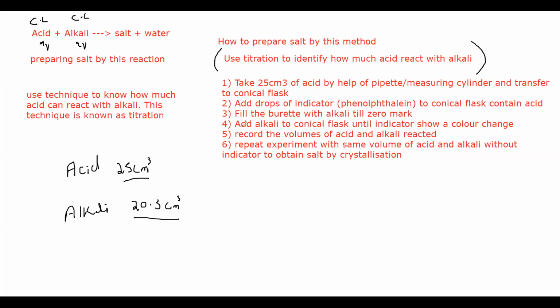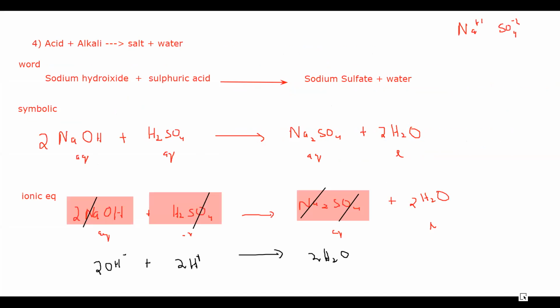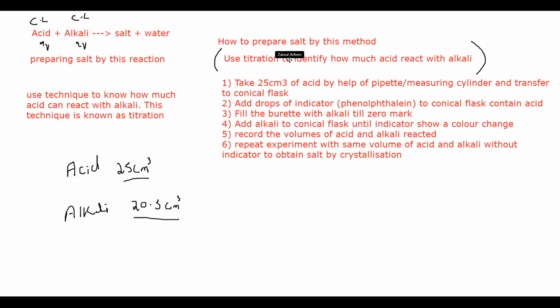So we discussed methods of preparing salt from reactions of acid. You can take the screenshot, and then I will move on. The first three methods, when acid reacts with metal, metal oxide or metal carbonate, use a similar method to prepare a salt.